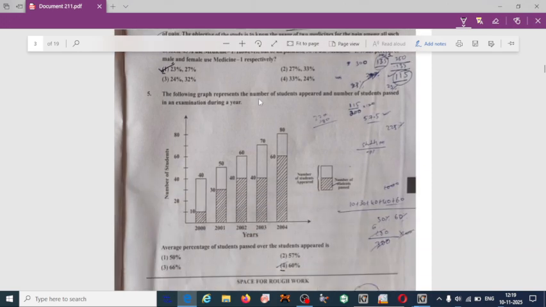The following graph represents the number of students appeared and number of students passed in an examination during a year. Average percentage of students passed over the students appeared is the for given bar diagram. Once you do the analysis, the correct answer is 60%, option 4.